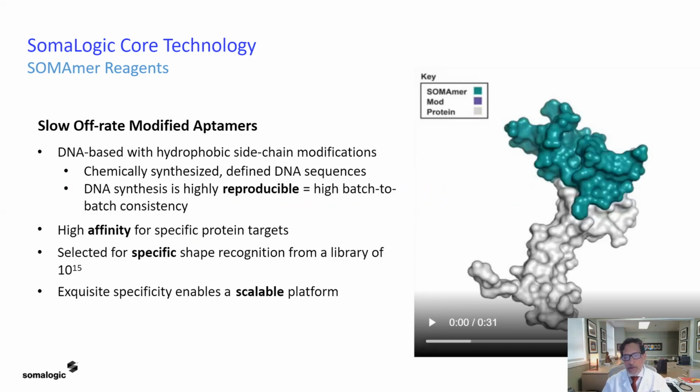We know that each protein has a very unique primary and secondary structure, and the amino acid sequences in these proteins are associated with certain DNA sequences. The core concept here is that specific aspects of these proteins and their related DNA are linked through production of aptamers, which bind with high affinity to specific protein targets and are selected for the specific shape from a very large library of such aptamers.